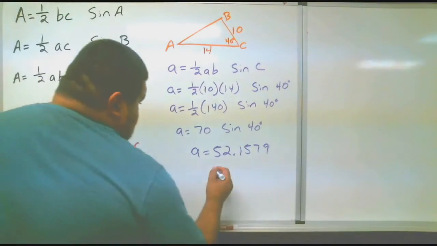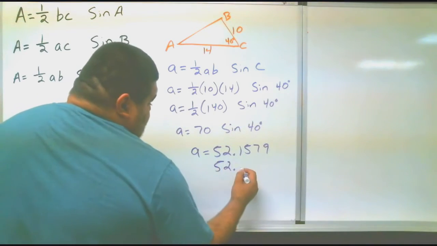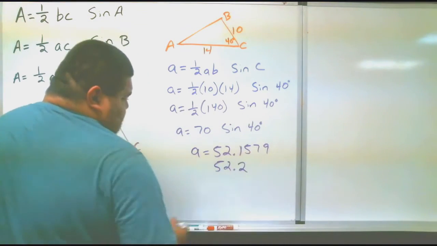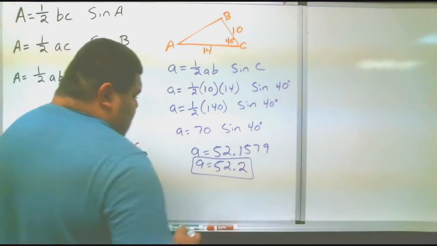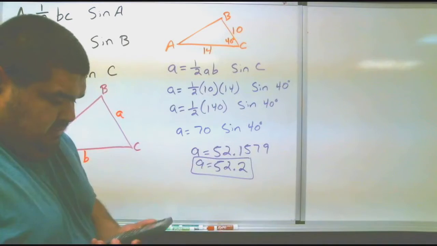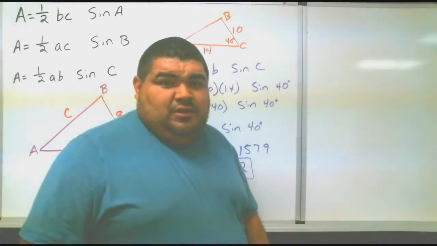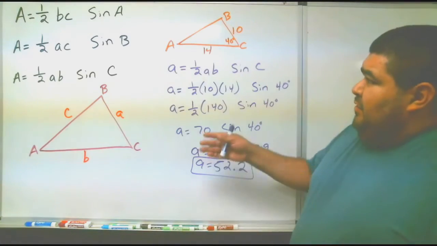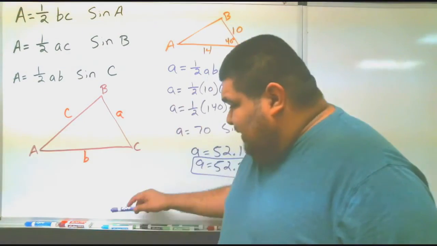So in this case it is 52.6, or 2, I mean. Where did I get 6? So the area equals 52.2. And that's it. That's all we're doing. Okay? You have to figure out which equation to use. We're going to do one more just to practice.